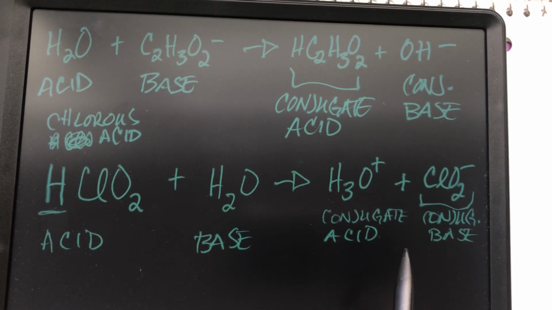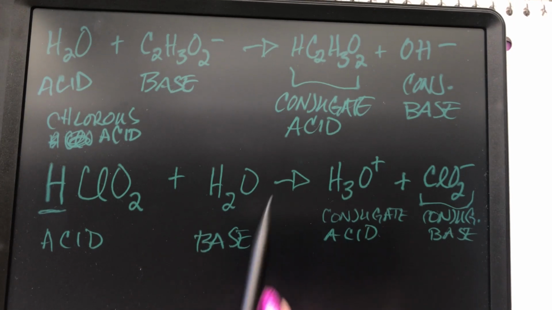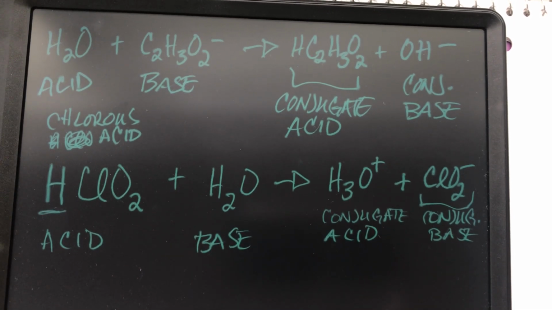So basically, you're just looking at which one of them is able to accept a proton and which one of them is able to donate, right? So honestly, that's the question that I keep in my mind when I'm trying to figure out which one of these guys is which. Conjugates are always on the product side. Non-conjugates are always on the reactant side.